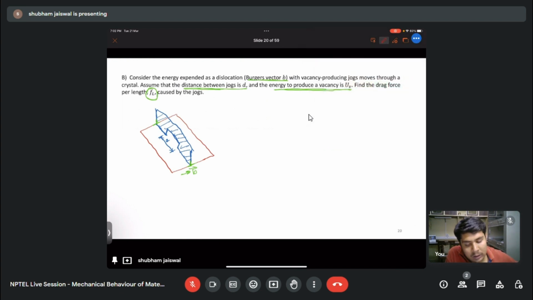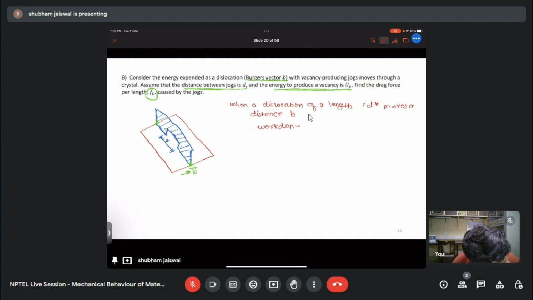So here, when a dislocation of a length d moves a distance b, in this case the work done will be F into b.